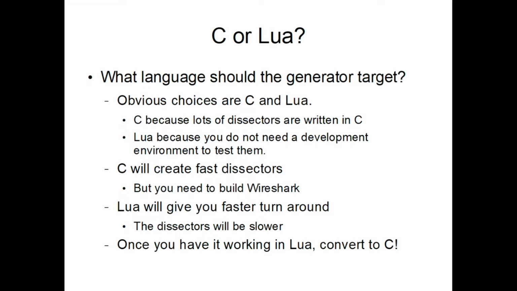However, of course, you have to get over the learning curve and figure out what all of those functions are all about. Lua is useful because you don't need a development environment. If you are developing in C, then you need to put together a development environment. You need to pull down the source code from review.wireshark.org or wherever.